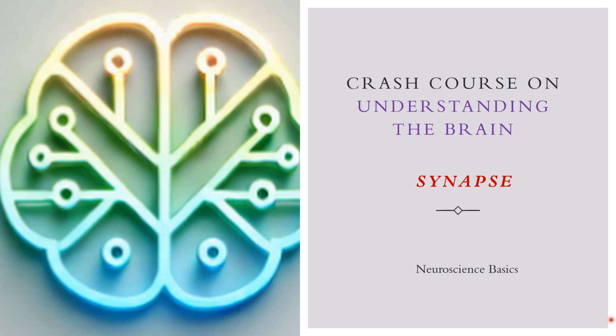Today we are analyzing the synapse, its structure and how it functions, because it is a crucial topic. Understanding the fundamental logic behind synaptic activity allows us to apply this knowledge to various complex neural systems.